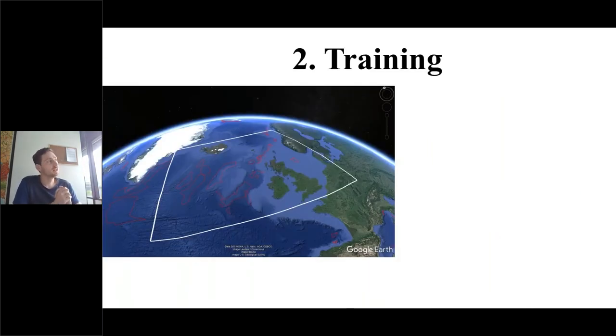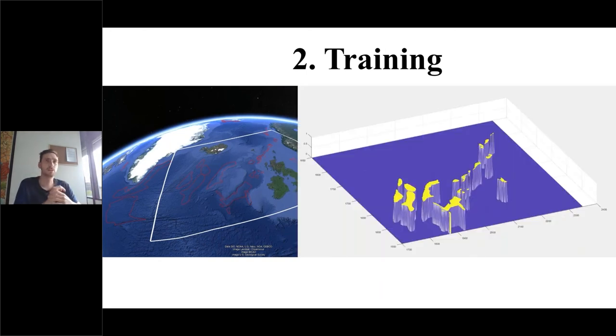Of course, you cannot train your model using all your data. You need a subset of your data, and ideally, you would like a globally representative subset, and also one that is especially well mapped. So because of that, I chose this portion of the northern Atlantic Ocean, which contains some really well-mapped contourites.